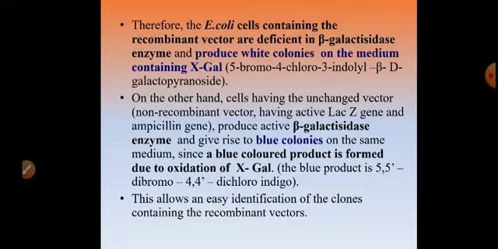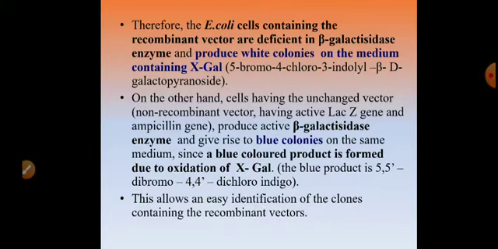If, on the other hand, those E. coli cells contain unchanged vector which is not a recombinant vector, having the lacZ gene intact, they will produce beta-galactosidase enzyme. It will bring about the oxidation of the X-gal dye and produce blue colored colonies. The blue colored product, 5,5'-dibromo-4,4'-dichloro indigo, is produced. Why?